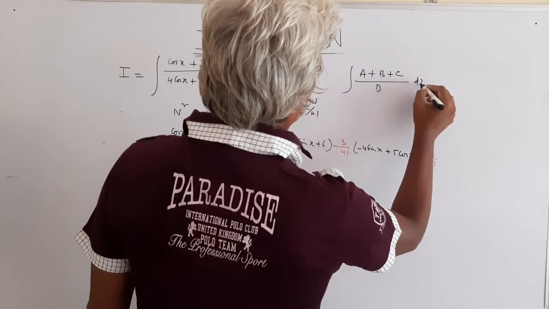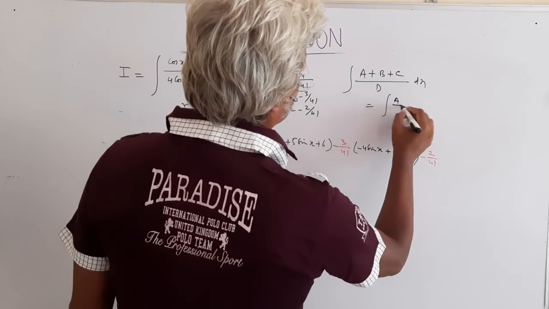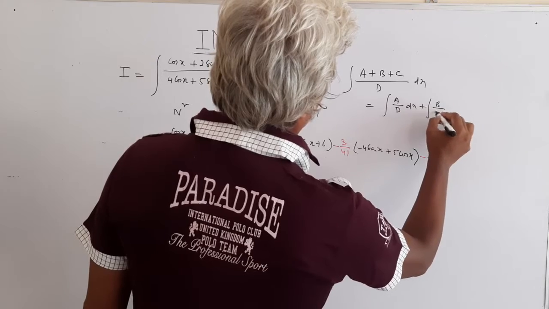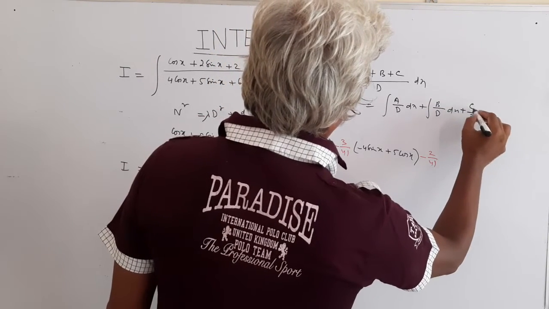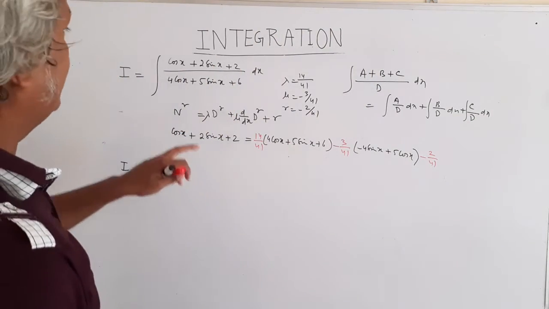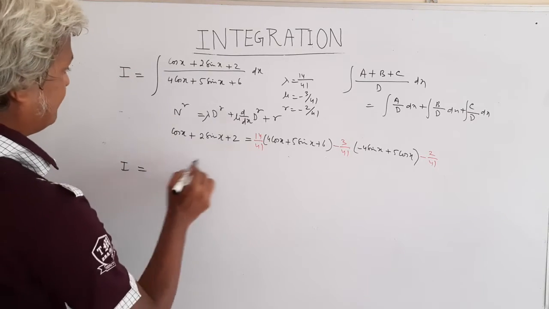If you break this down, you get a over d dx plus b over d dx plus c over d dx.